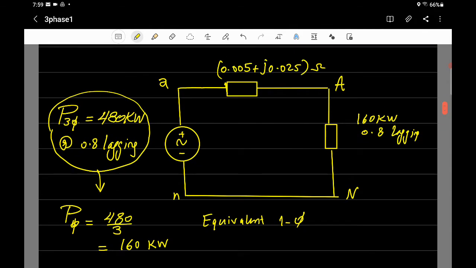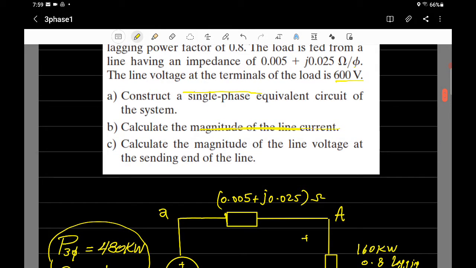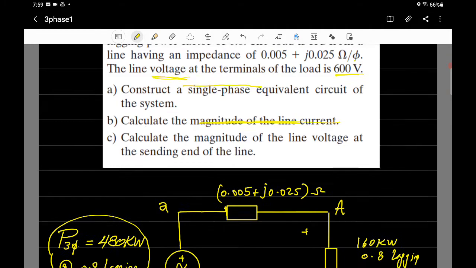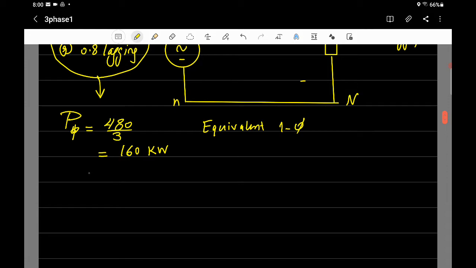So everything is given. No, I forgot to put the voltage here. Across the load is given 600 volts, but this is line voltage, and we assume it's star. So you write the voltage V_AN magnitude, it should be equal to 600 divided by square root of 3. We're assuming it's Y, and that's the relationship between the line voltage and the phase voltage. So that's the value for the voltage across only one phase, 600 over square root of 3 volts.